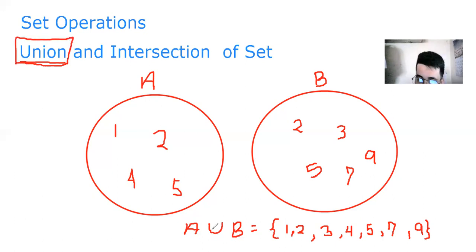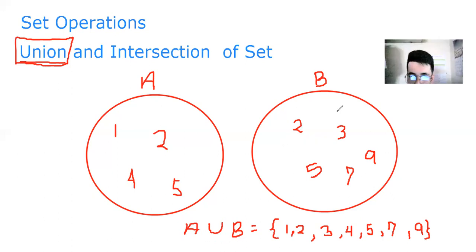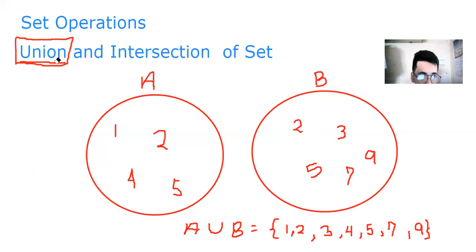Kaya pag tinanong, what is A union B, pwede natin siyang isulat na U. So lagi po kailangan na maglagay ng U sa middle ng A tsaka B, depende kung ang hinahanap nating operation is union. Kapag hindi naman union, kasi meron tayong mga ganitong operation, intersection siya, then may mga complement tayo. Depende kung ano yung tinatanong na operation.